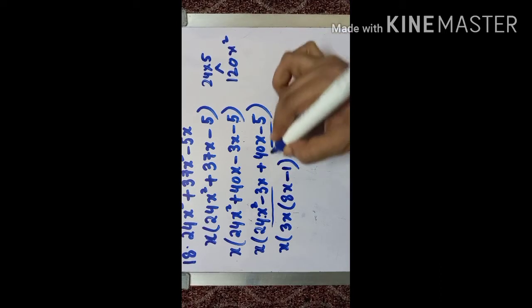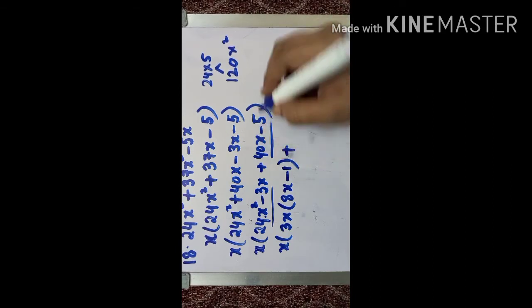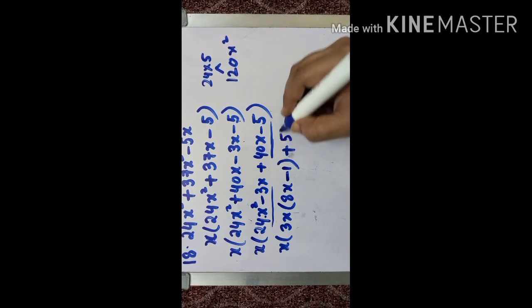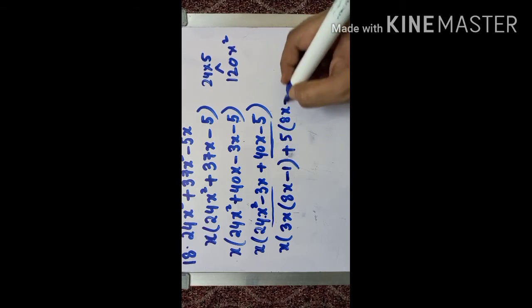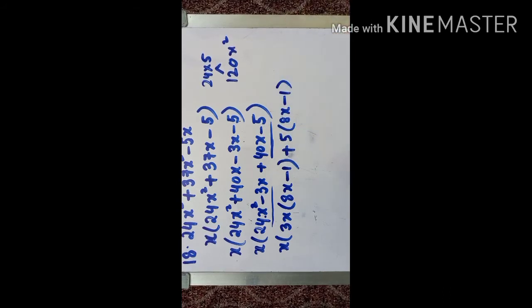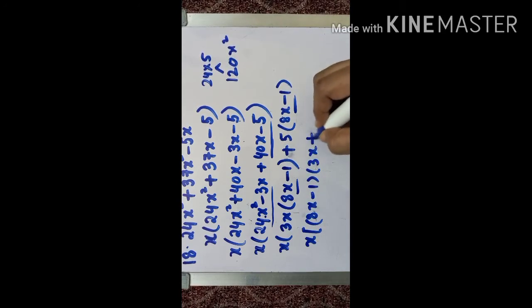Then plus, out of these two terms what can you take common? x is not there, but 40 and 5, you can take 5 common. 5 into 5 eights are 40x, then minus 5 ones are 5. So here 8x minus 1, 8x minus 1, this x will be as it is, then 8x minus 1, and then 3x plus 5.